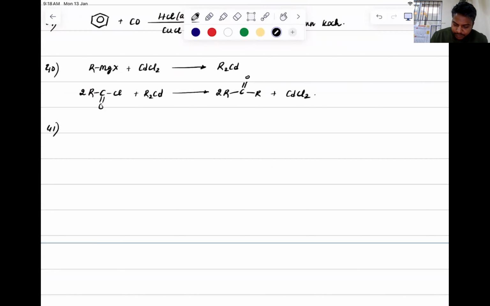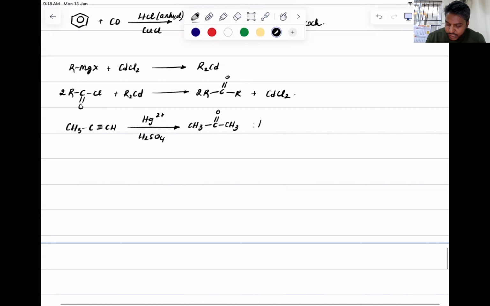Next, 41. CH3 C triple bond CH in the presence of Hg2 plus, H2SO4. This will make it into keto form, not an aldehyde form. This is Kucherov's reaction.